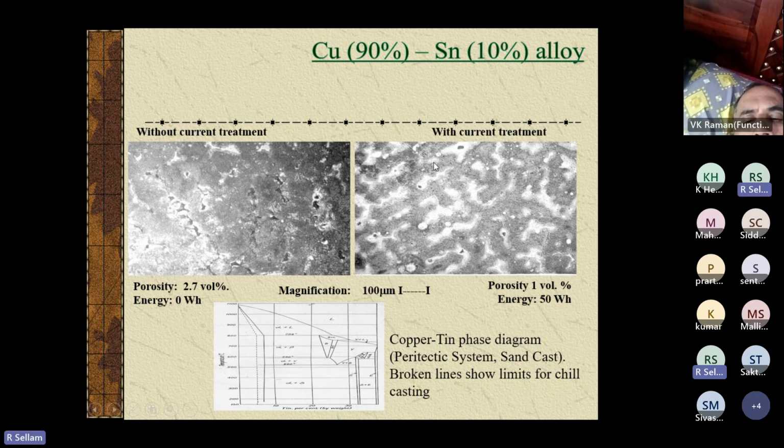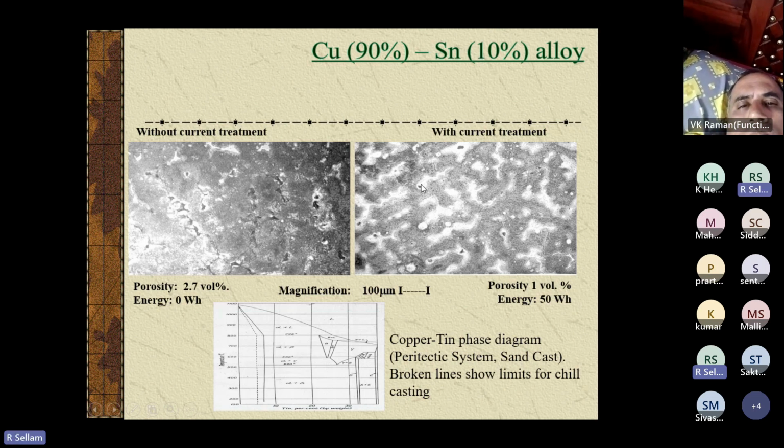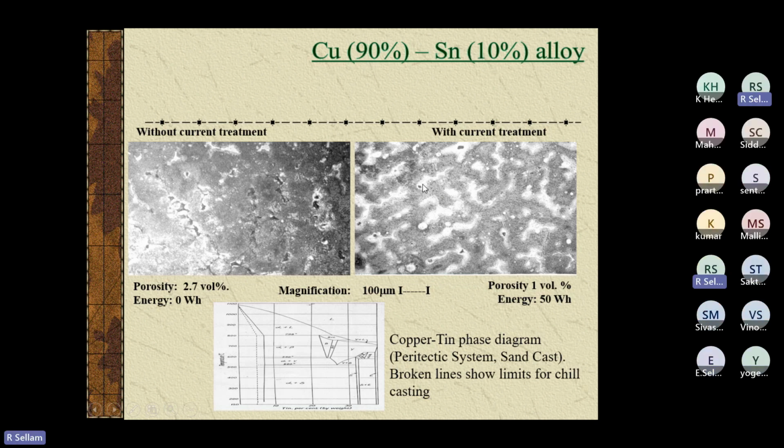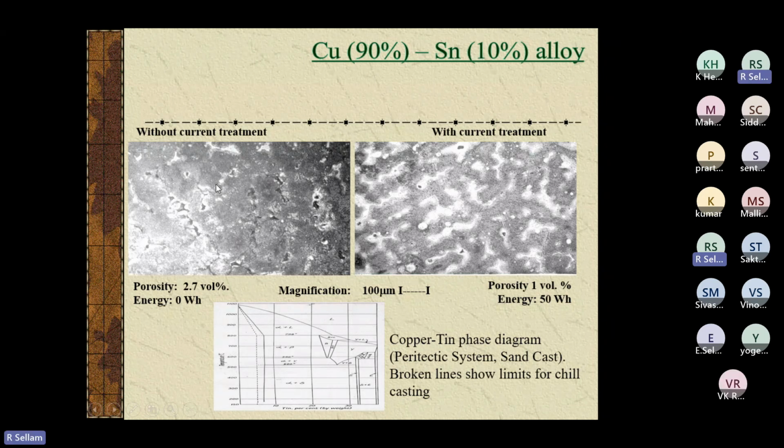But there is some portion there, the primary phase, where cracking occurs. After the primary phase solidifies, you get this peritectic phase over here. This phase is soft, so it can crack. But the primary interdendritic phase is removed significantly. And porosity volume percent is reduced from 2.7% to 1%, but only at a cost of 51 watt hours of energy. It is done in the sand mold.